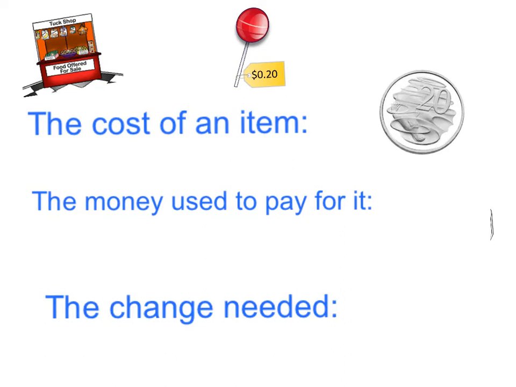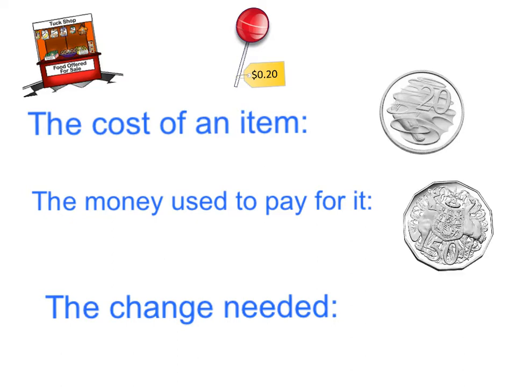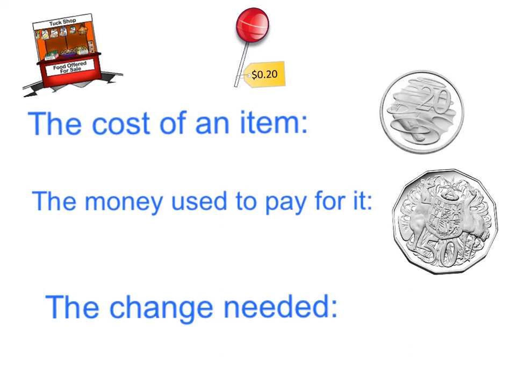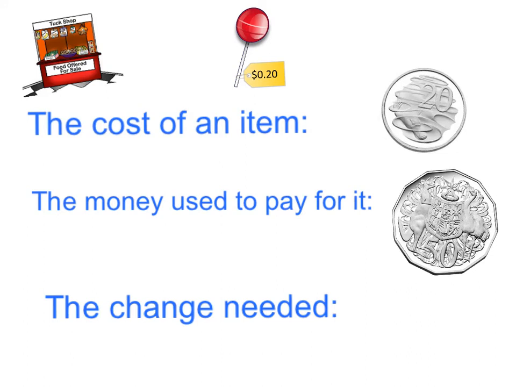And yes, we could get out a 20-cent coin and take that to the tuck shop, but what happens if you looked inside your pocket and, hey, you actually don't have a 20-cent coin? But you keep digging a little bit deeper and you find inside your pocket that you actually have a 50-cent coin. Now 50 cents is more than 20 cents, so that means you can still pay for that lollipop, but you just don't have the exact amount.